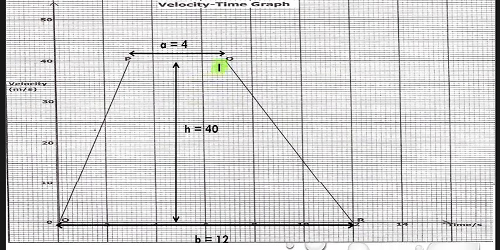This should have been 6. So you say 7 minus 3 to be 4, A is 4. So from here to here it's 4. Then from here to here it's 12. So we have known B is 12, A is 4.